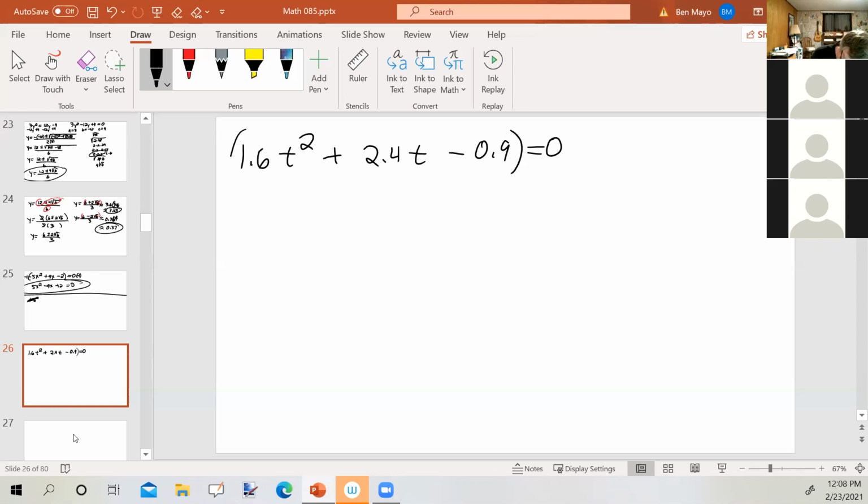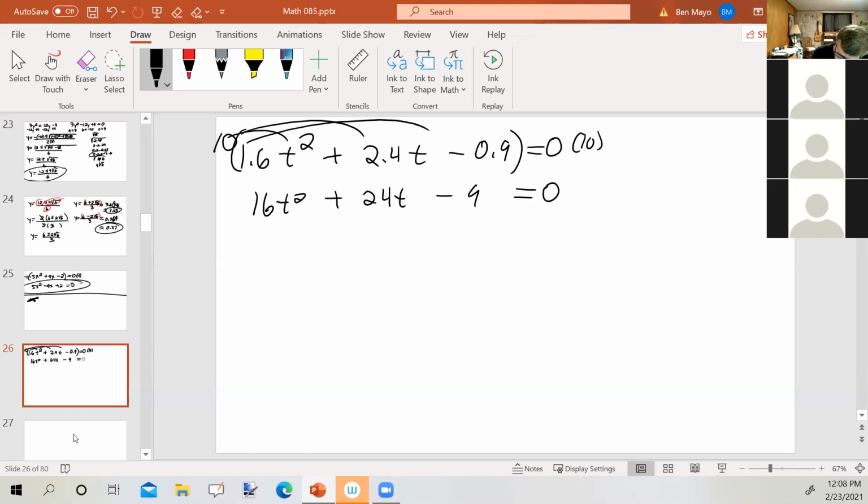So if I multiply everybody by 10, I would get 16t squared plus 24t minus 9 equals 0. And now I could put in 16, 24, and -9 for A, B, and C. Now, you could use the decimals. You could use A as 1.6 and B as 2.4 and C as -0.9, but it's nicer to get rid of them first, I think.